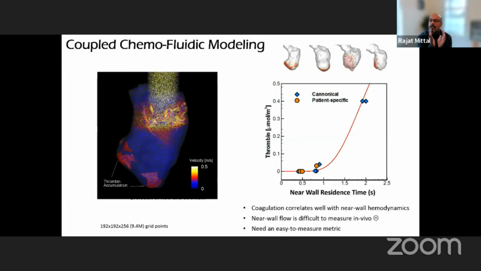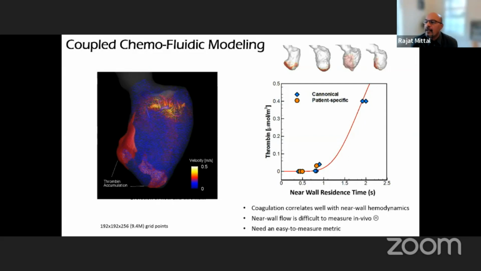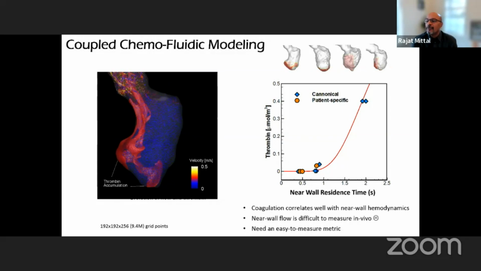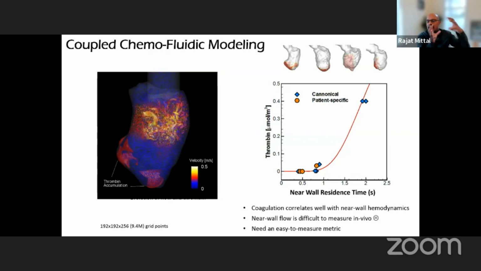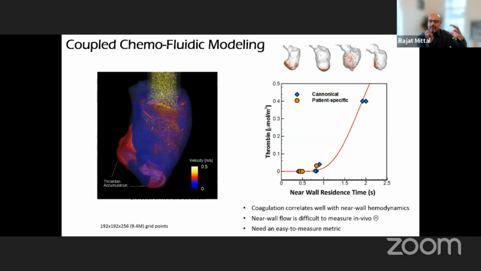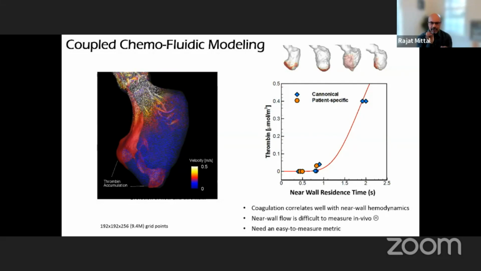Based on that model heart, we were able to determine what kind of grid resolution and boundary condition we need to use in order to match the experimental results. That was how we designed the entire resolution and the boundary condition for the simulations.